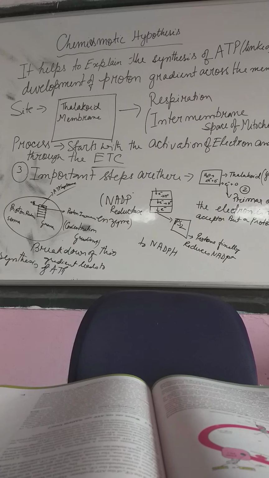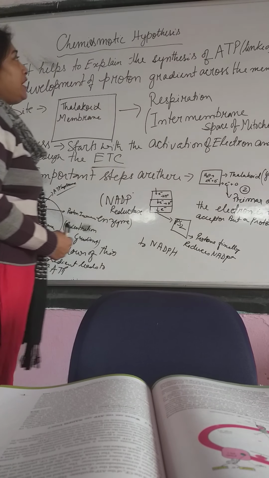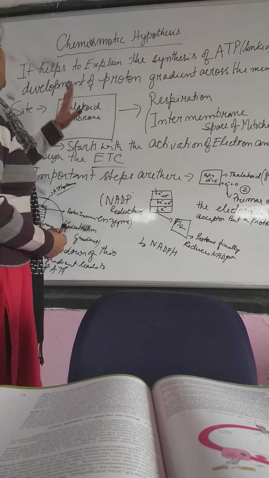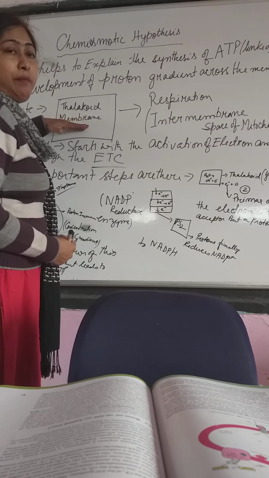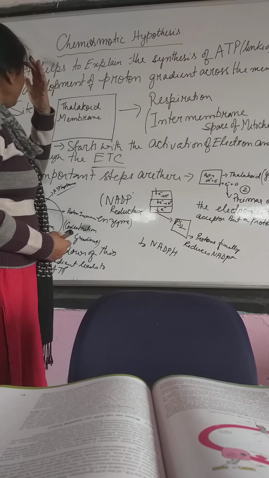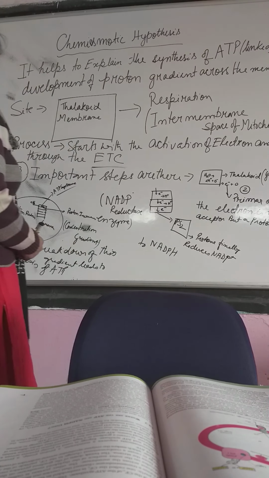Okay. Now, if we consider the site of this phenomenon, it takes place in the thylakoid membrane. What is thylakoid? You know, stacks of thylakoid are found in the grana of the chloroplast.